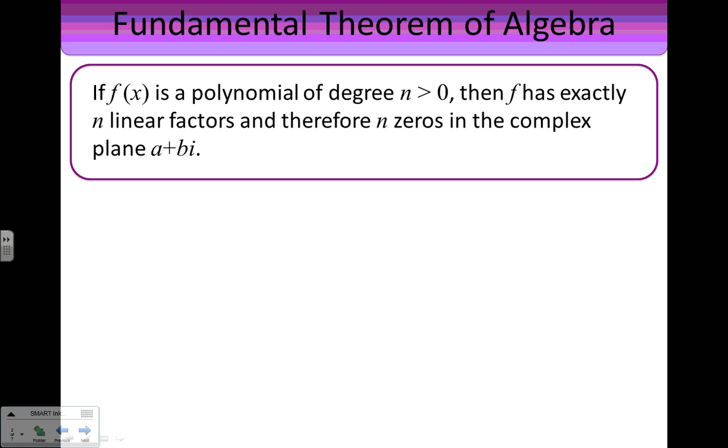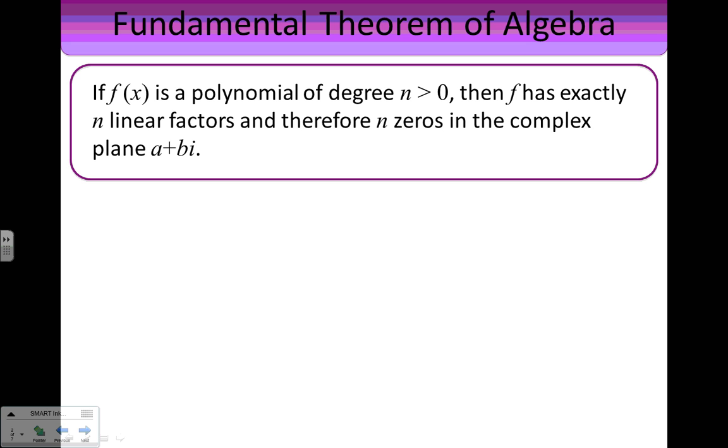If f of x is a polynomial of degree n greater than 0, so that just means we're talking about any polynomial that has a degree higher than 0. Okay, so it's first degree polynomial, second degree polynomial, third degree polynomial, all the way up.